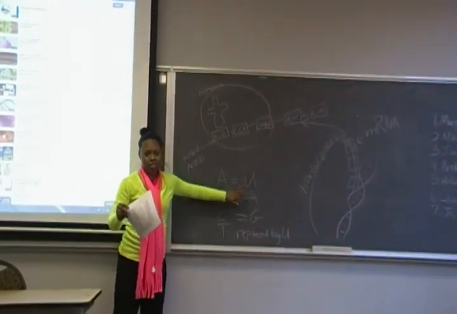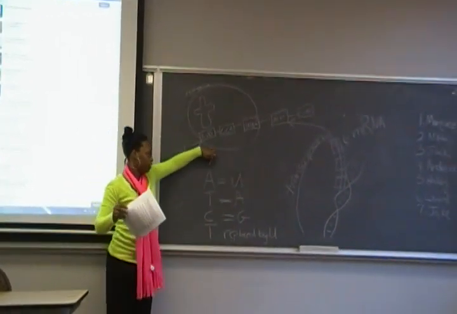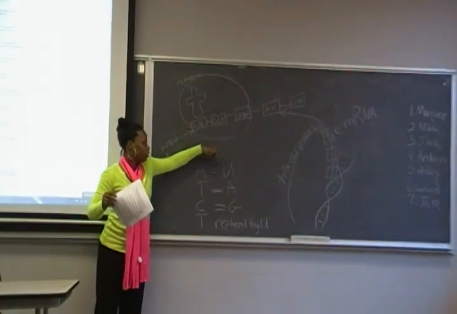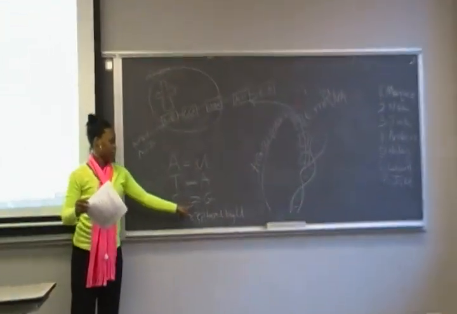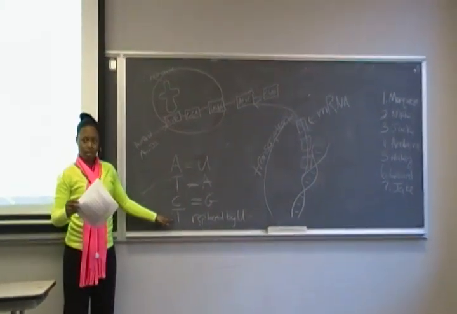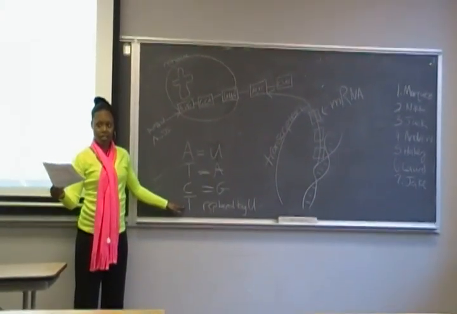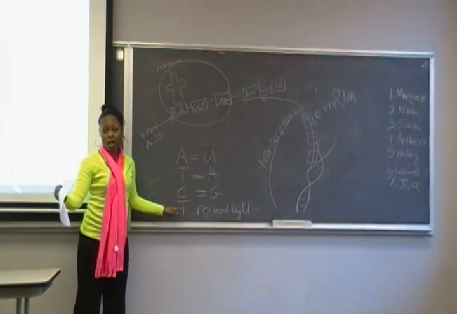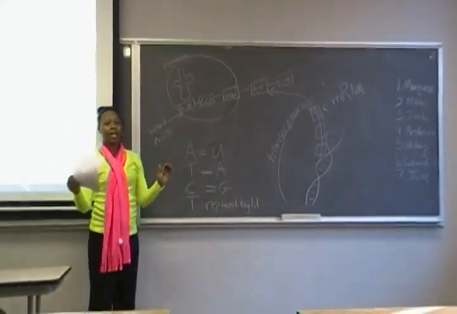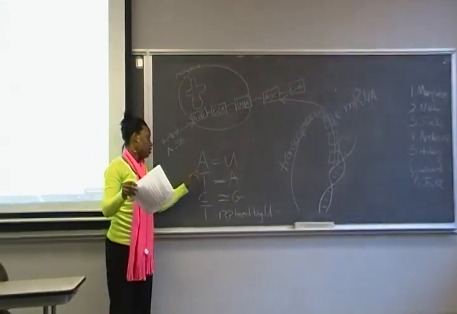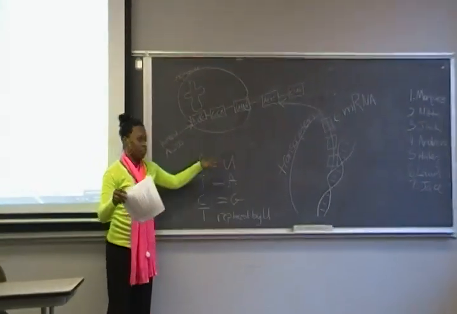Of course you know what these letters are, so what would this mean? Adenine, uracil. Thymine with adenine, cytosine, guanine, and thymine is replaced by uracil. So basically, those equal signs are the adenine bonding to uracil, the thymine bonding with adenine, and so on.